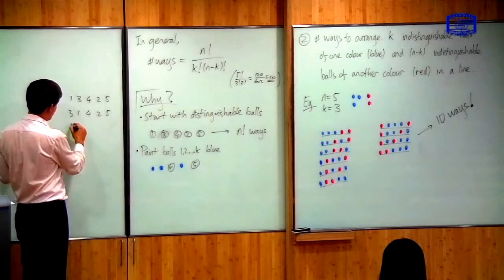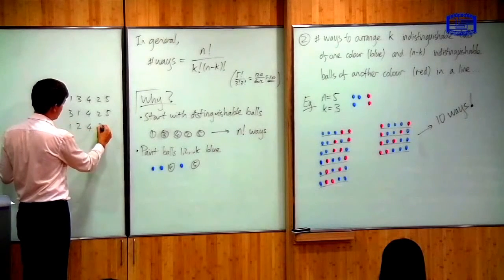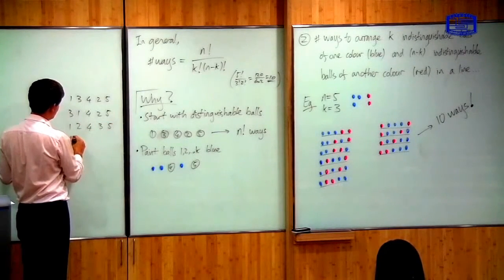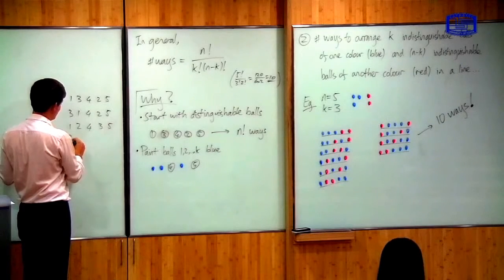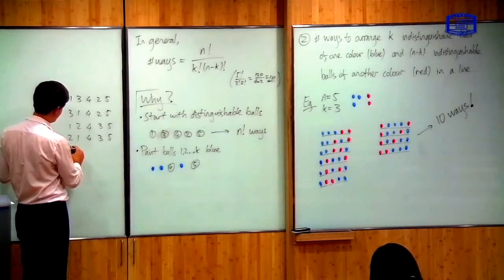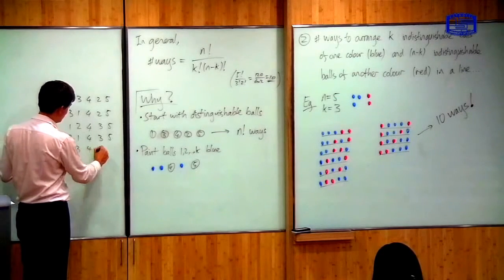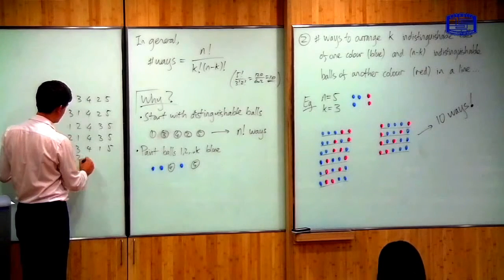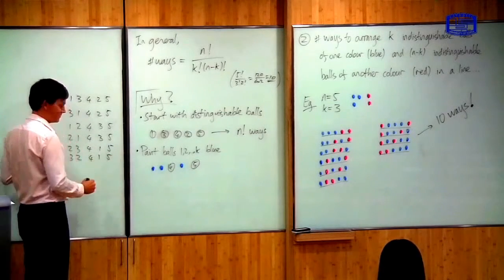And similarly, I could do 1, 2, 4, 3, 5. I could do 2, 1, 4, 3, 5. I could do 2, 3, 4, 1, 5, and I could do 3, 2, 4, 1, 5. Okay?